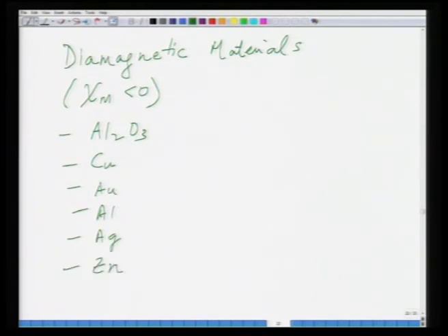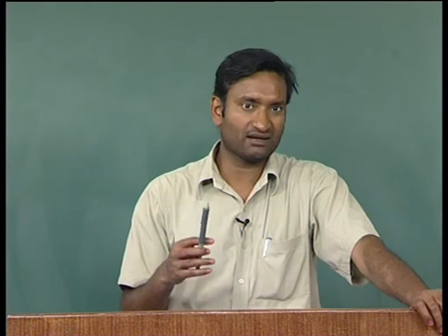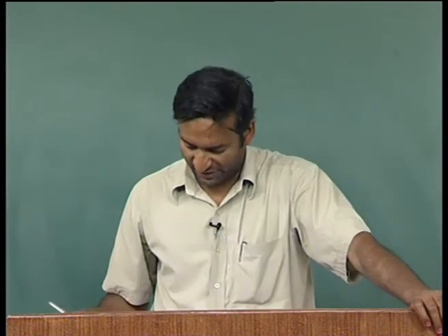They are all diamagnetic, which means they have a negative susceptibility, and what it essentially means is that when you apply a field, the induced magnetic moment in the material is not along the direction of the field, but rather it opposes the direction of the field. As a result you have a reduced magnetic induction.